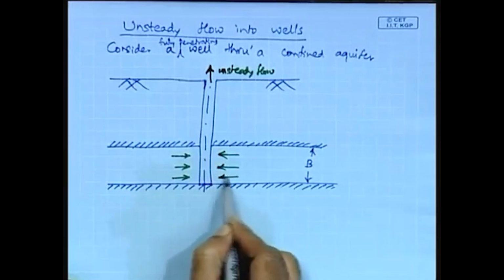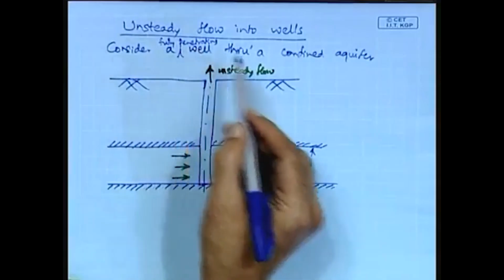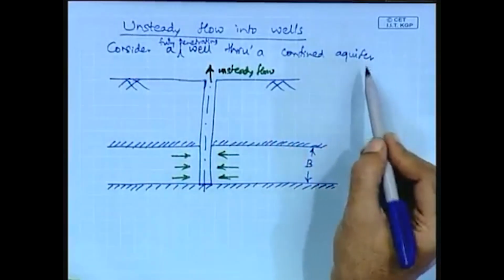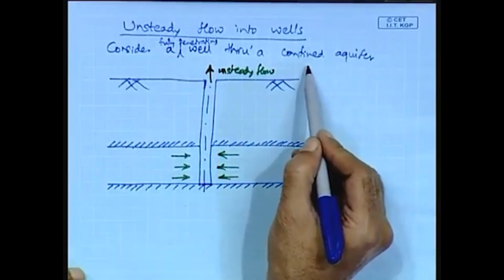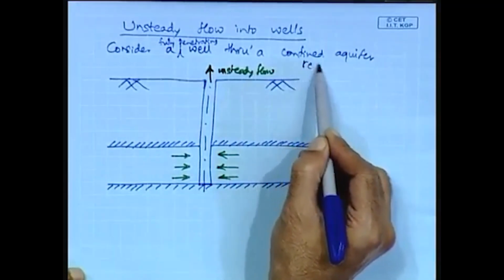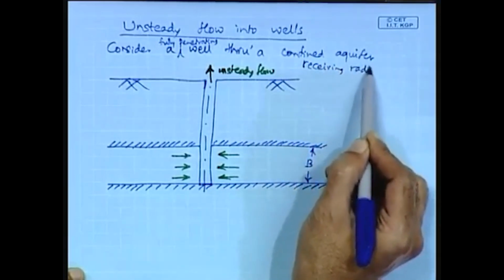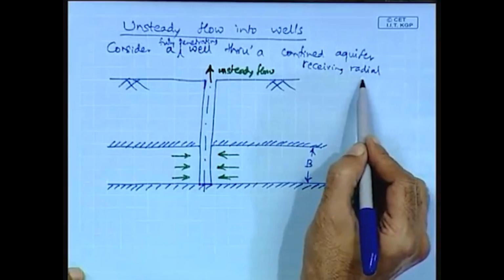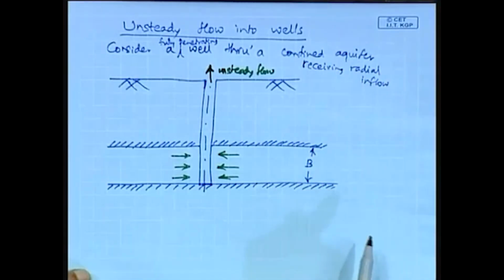Obviously, here there is a radial flow, and so consider a fully penetrating well through a confined aquifer receiving radial inflow. Okay.